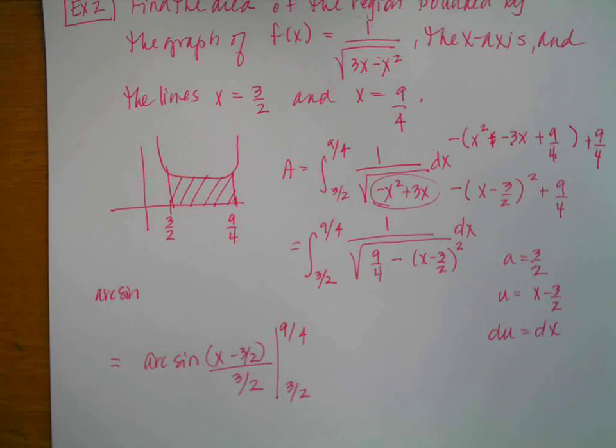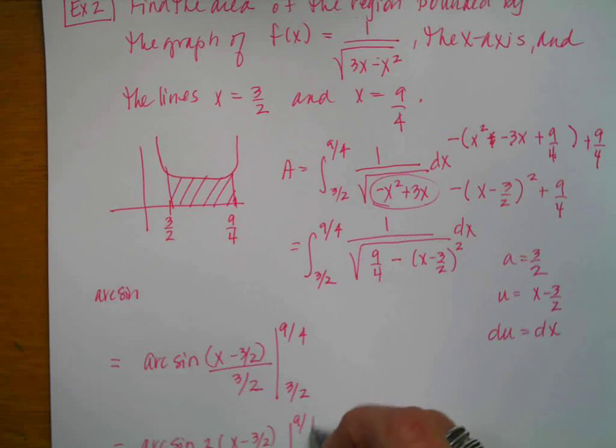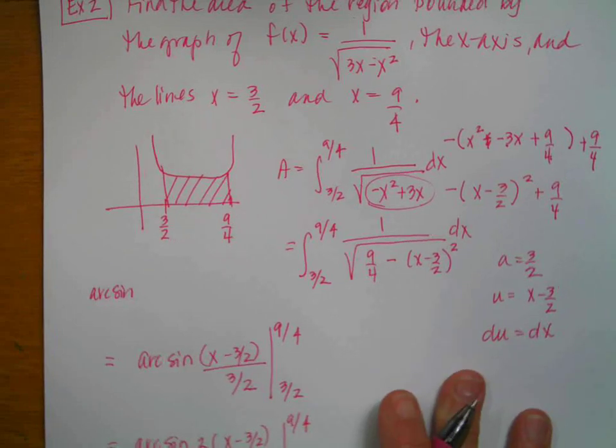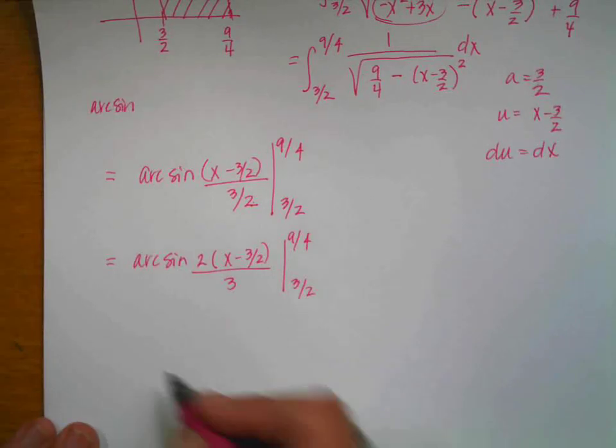At this point, I could flip this over to make my evaluation easier. I could say this is the arc sine of 2/3 times x minus 3/2. I just flipped the bottom fraction over, and then I'm going to evaluate from 3/2 to 9/4. It's six of one, half a dozen of another as far as easy.